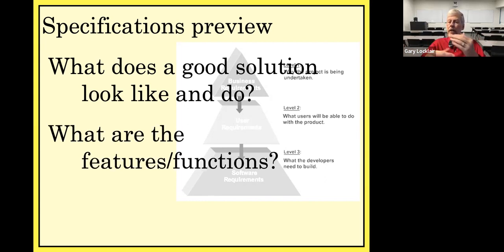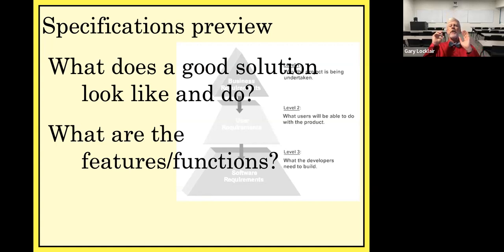Another way of expressing that in more computer science terms is, what are the features and functions? What are the features and functions that need to be provided to solve the problem? There's a slight difference between feature and function.